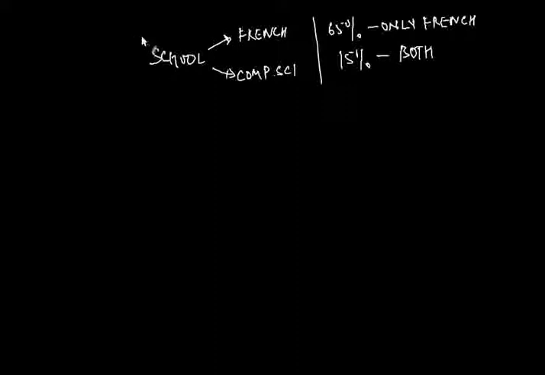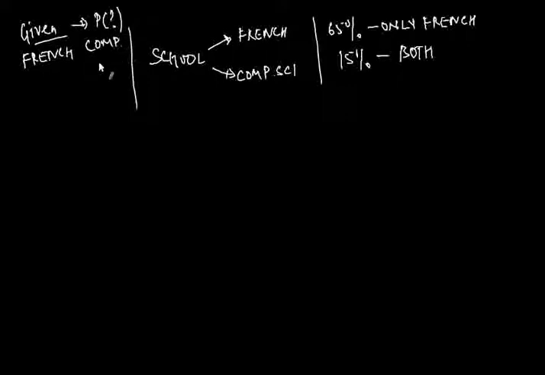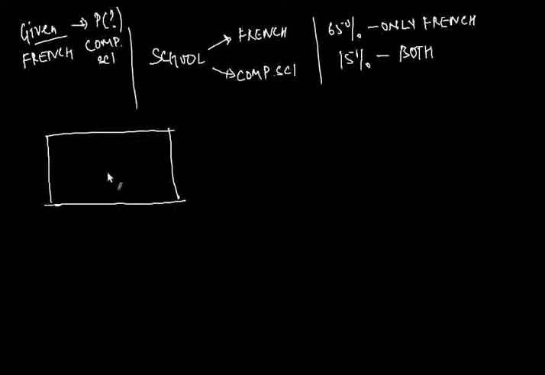What we're being asked is, given that a student studies French, what's the probability that she also studies computer science? That's the question we have to answer. My first instinct is always to draw a Venn diagram, because a picture always helps understand what's happening.